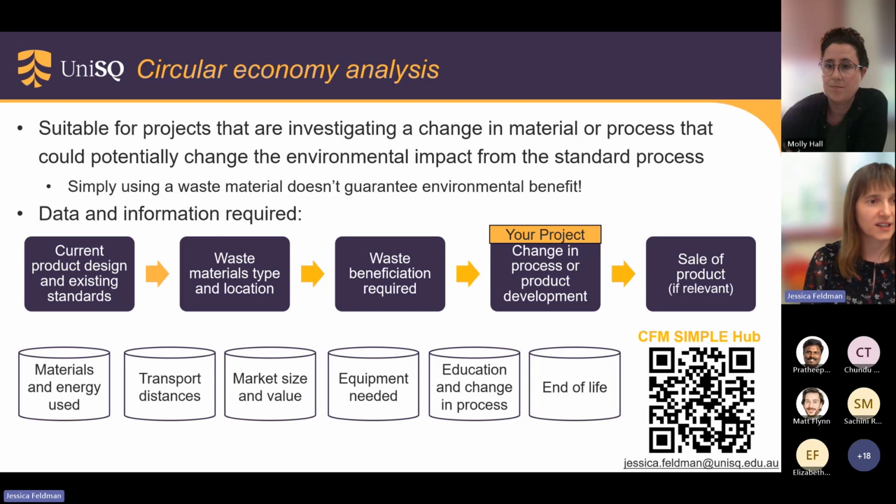So circular economy analysis is suitable for projects that are investigating a change in material or process that could potentially change the environmental impact from the standard process. So if your project is saying it has an environmental benefit, simply using a waste material doesn't guarantee that benefit, and it doesn't guarantee circularity either. So it's important when you're making these statements to do this more advanced analysis.